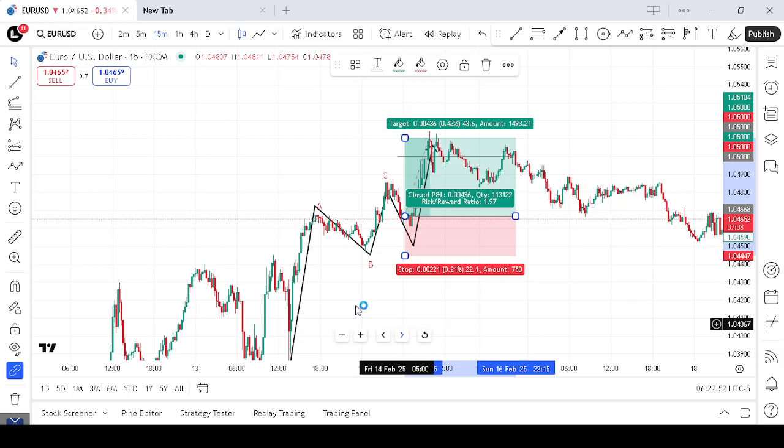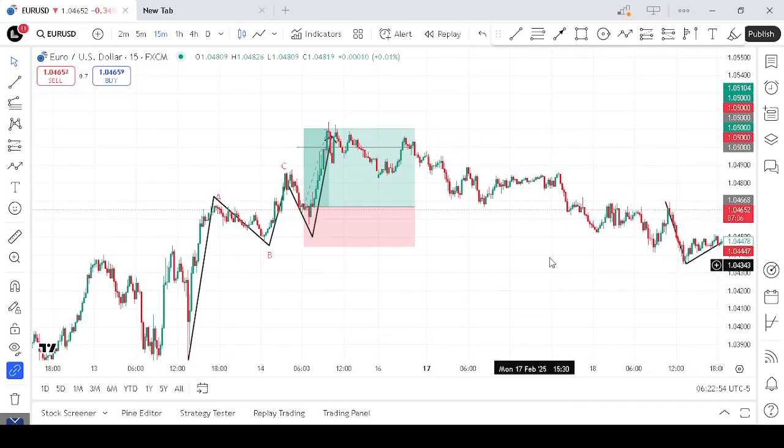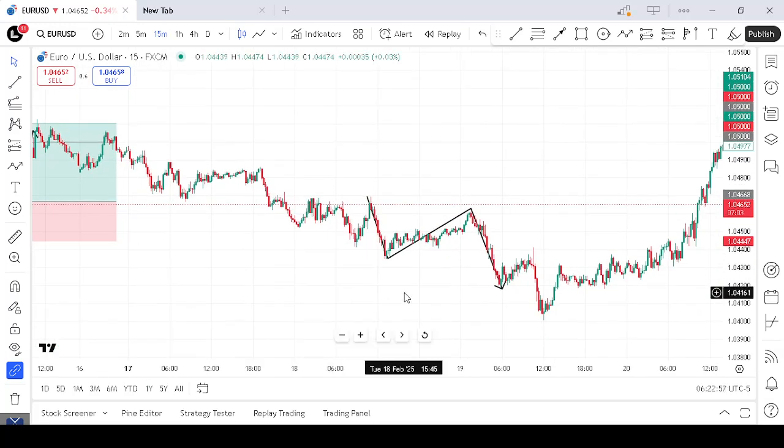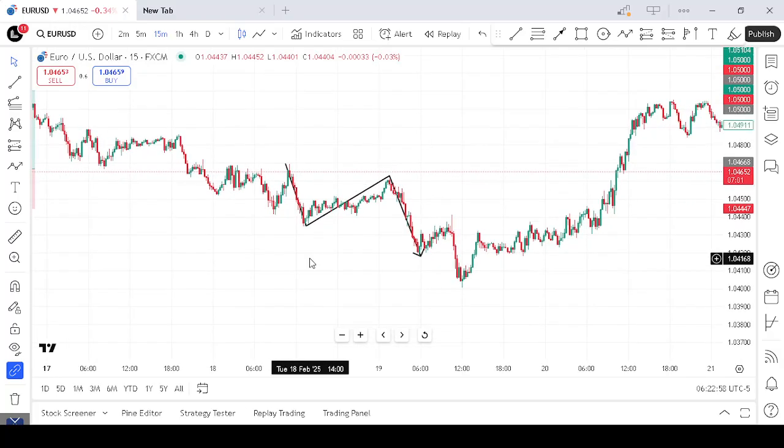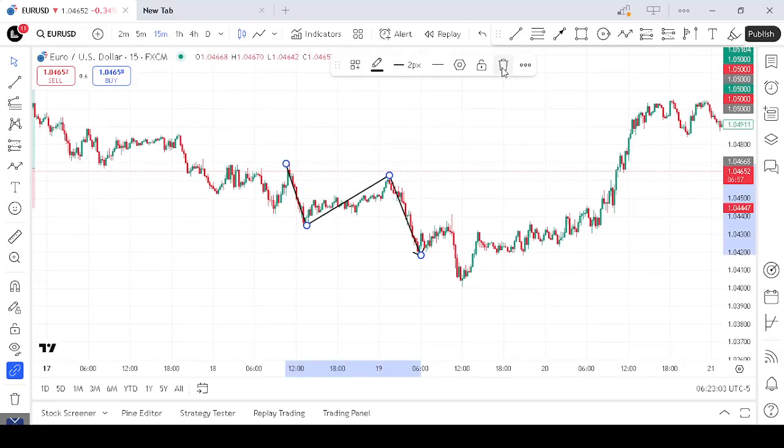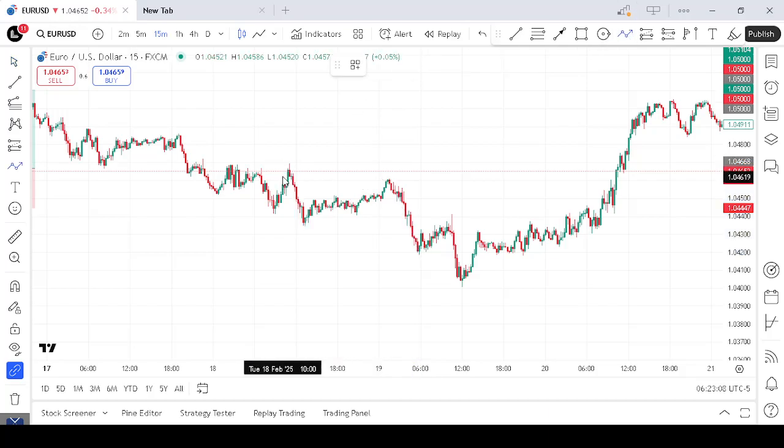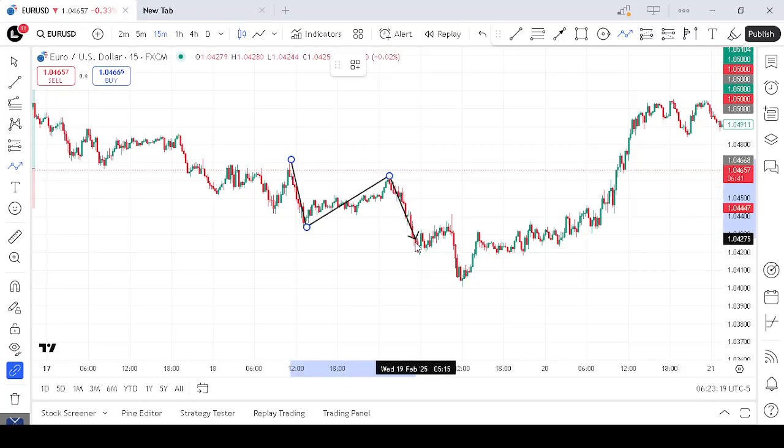Now let's look at another example. We can use this in case of a bearish ABC pattern. This is our significant movement. This is our little retracement. Then this is the movement showing that price is ready to go in that direction.